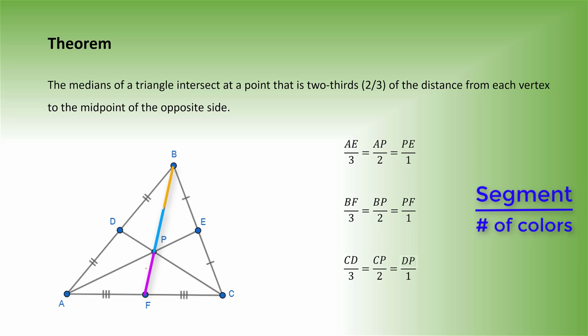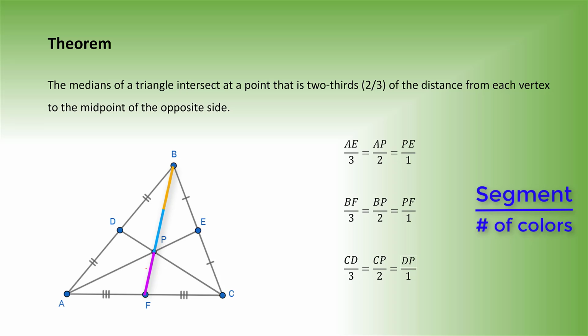BP, that's the segment, and BP is made up of 2 colors, orange and blue, so we just divide it by 2. And PF is only 1 color, pink, so it gets divided by 1. And what this is doing is creating equal parts. If we think of each color as being its own third, we're dividing this into smaller pieces that are going to be equal.